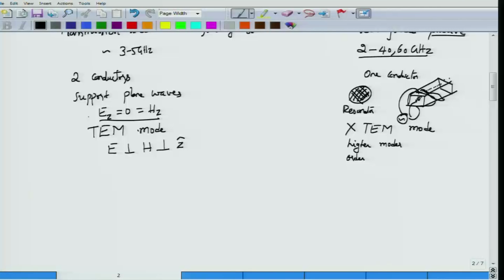So you can have plane waves with some dependence on x and y, but the characteristic for TEM is that they should have Ez equal to 0 and Hz equal to 0, whereas higher order modes are characterized by having at least Ez not equal to 0 or Hz not equal to 0 or both. So at least Ez should be non-zero or Hz should be non-zero or both should be non-zero.